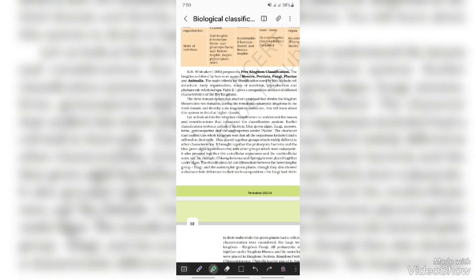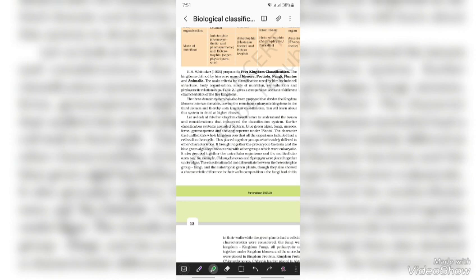Let us look at this five kingdom classification to understand the issues and considerations that influence classification systems. The earlier classification system included bacteria, algae, fungi, mosses, gymnosperms, and angiosperms under plants. The character that unified this whole kingdom was that all the organisms included had a cell wall in their cells.